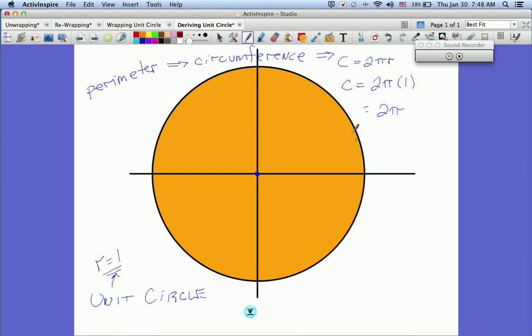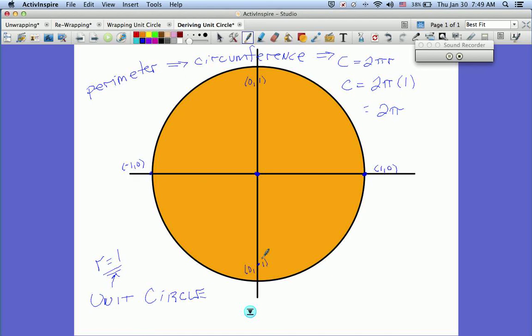So that means from start to finish, the circumference is 2 pi. The distance traveled is 2 pi. So if this is a unit circle, we have 4 coordinates already. We have (1, 0), and we have (-1, 0). And likewise, we have (0, 1) and (0, -1).